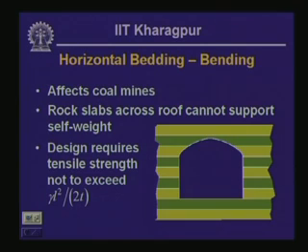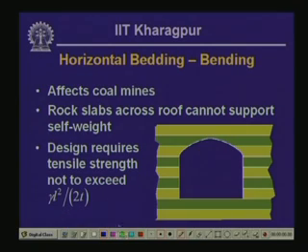Here what you see is that the thickness of the rock slab, which is supposed to self support its weight, that thickness has reduced considerably over the thickness of the bedding originally.